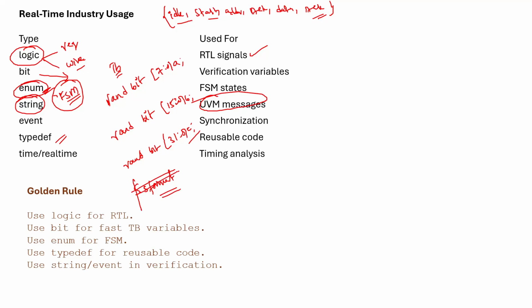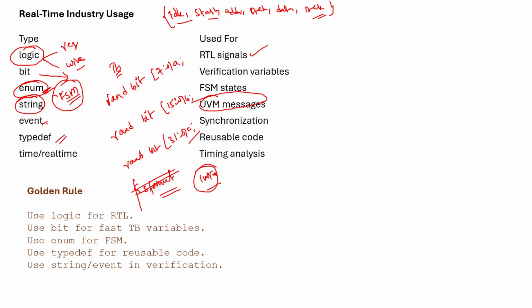Most of the time in UVM we are using this one. At that time I want to represent string messages, like UVM info messages I want to print, or warning messages I want to print. That's the purpose string is used there.